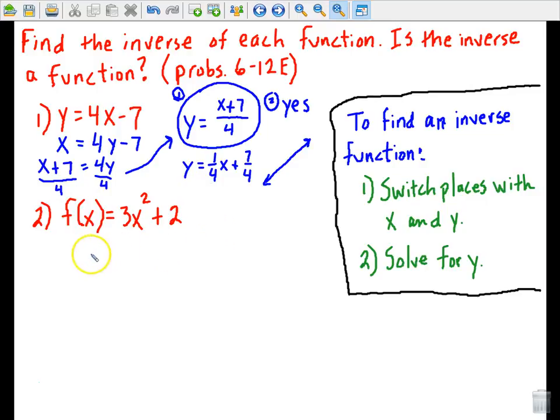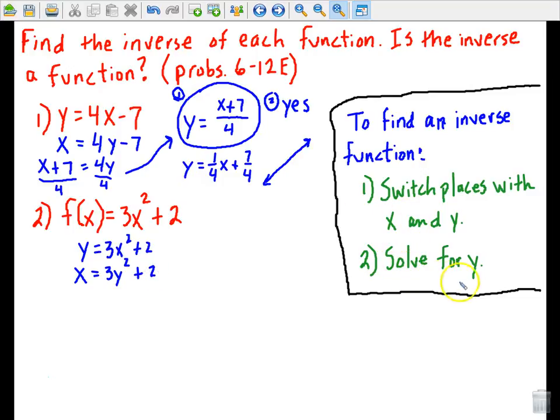Well, most people understand that you could rewrite this function as y equals 3x squared plus 2. And some people choose to do that just so that they can see that x and y now can be switched. That needs to be the first thing to do, switch places with x and y.